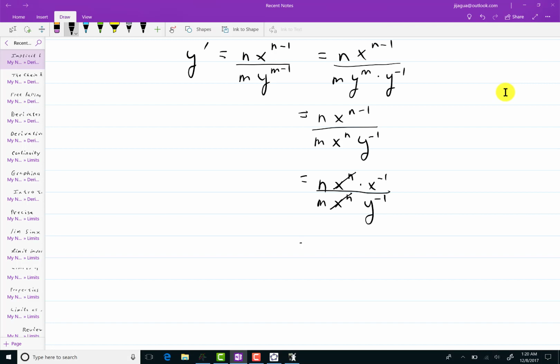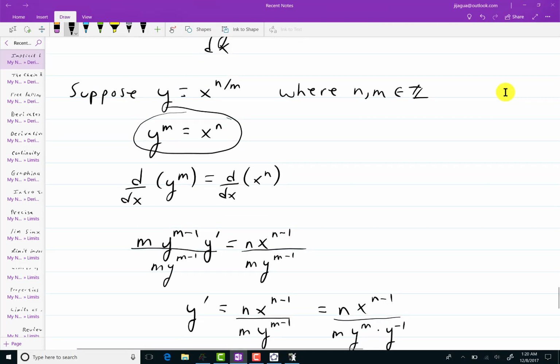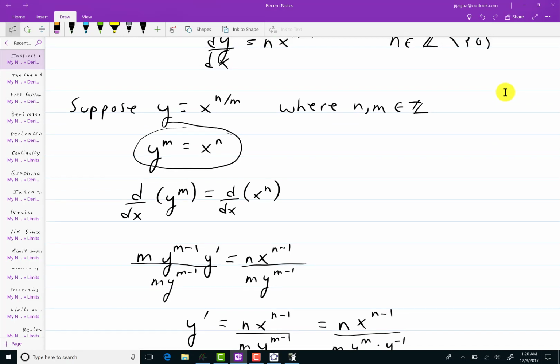Now here's a cute little thing that happens next. n y divided by m x. Let me fix that m, because the y to the negative 1 becomes y to the 1 when you take it up there, and vice versa. Now, where was y again? y was equal to x to the n over m.